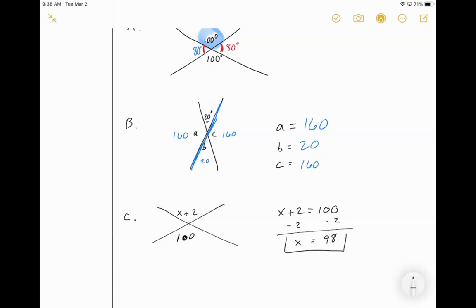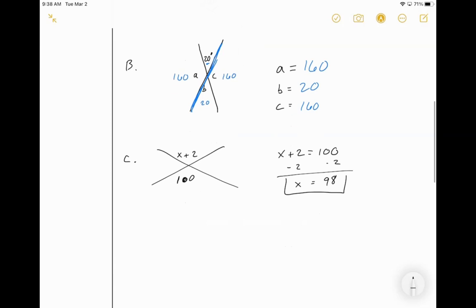Very good. Now, I know you probably didn't need to do all that work, and that's fine. If you just knew that 98 plus 2 is 100, that's good. That's all you need to know. But know that sometimes it might be more complicated than that, and so now we just have to use our skills we learned in Chapter 6. Okay, so that's vertical angles, and we'll go over that a little bit more in detail a little bit later.